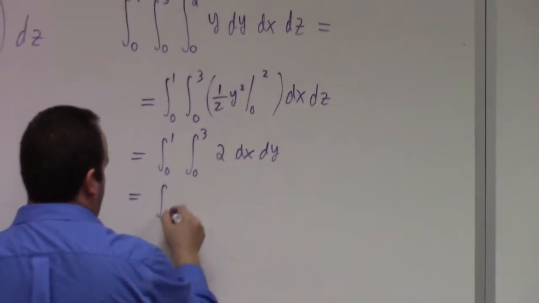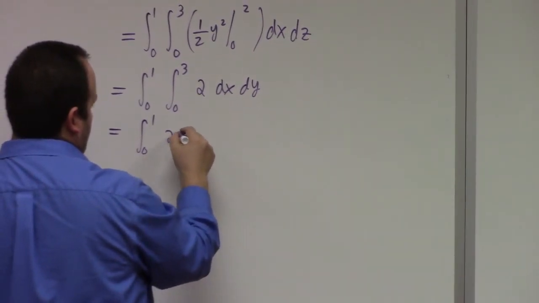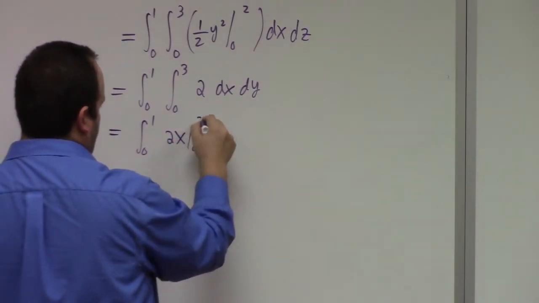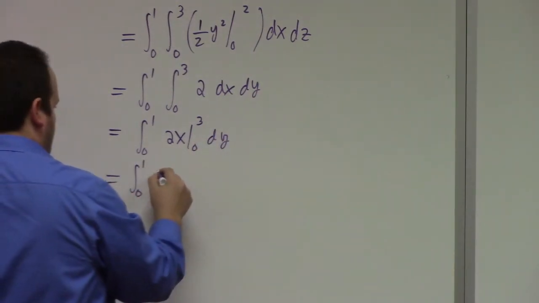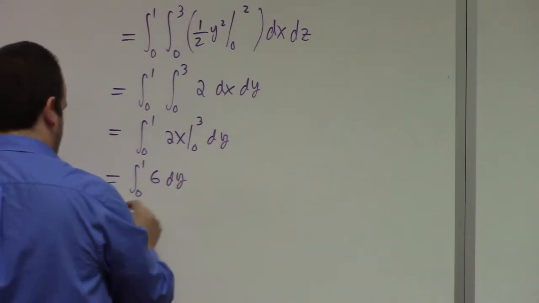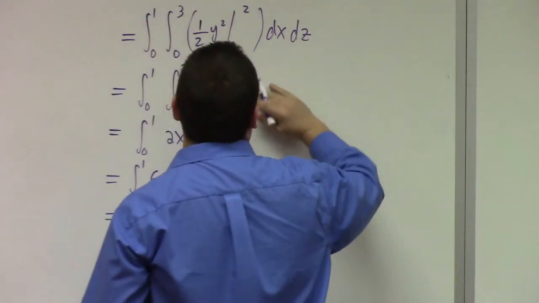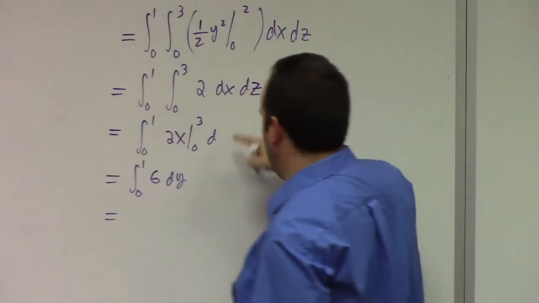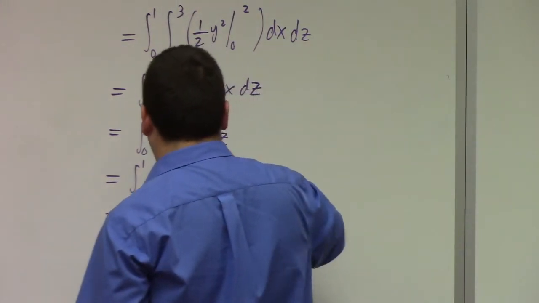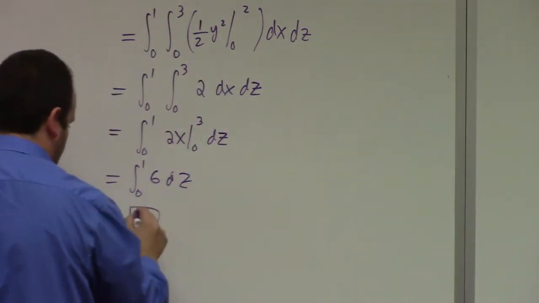So I get the integral from 0 to 1 of 2 times x evaluated from 0 to 3 dz, which is the integral from 0 to 1 of 6 dz. So what do we get? 6.